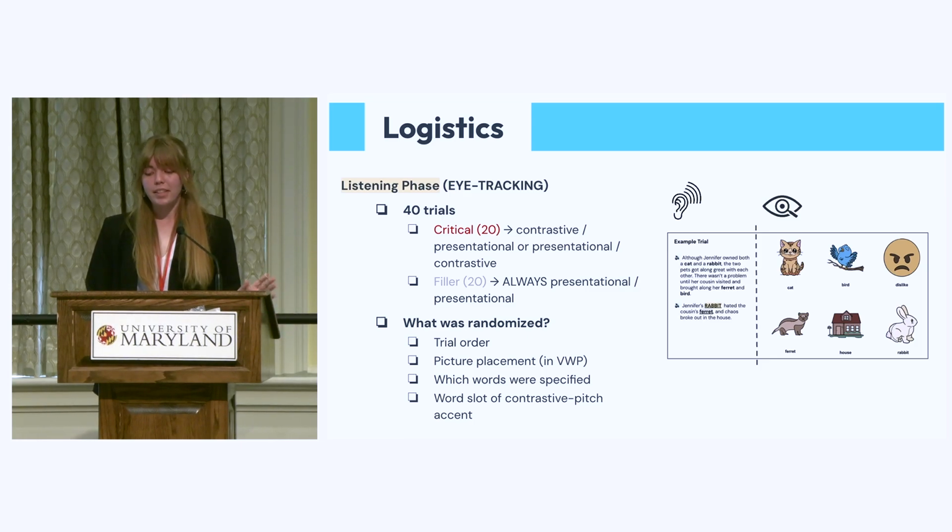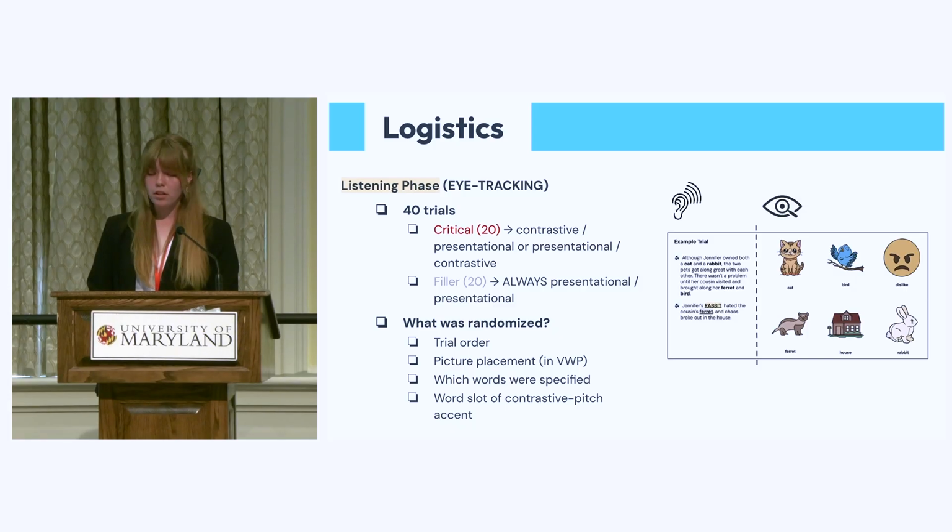The listening phase contained 40 trials, 20 critical and 20 filler, where participants looked at a visual world paradigm and listened to short narratives. Critical trials included, as I mentioned earlier, 1 presentational accent and 1 contrastive accent in the 2 ending word slots, where filler trials included only the presentational accents.